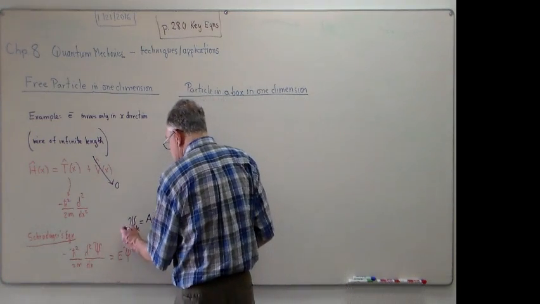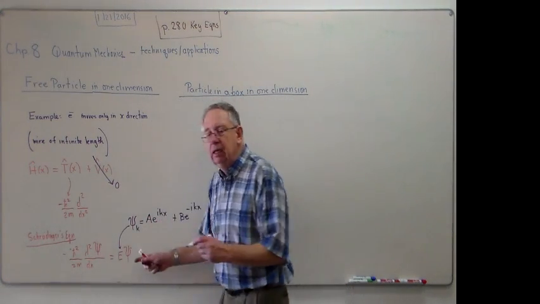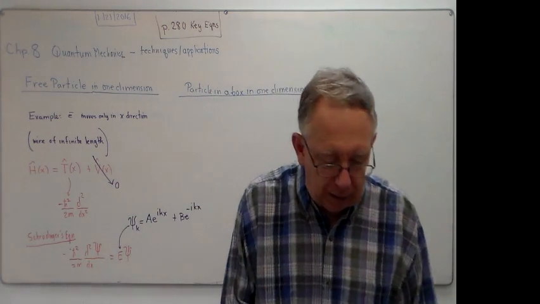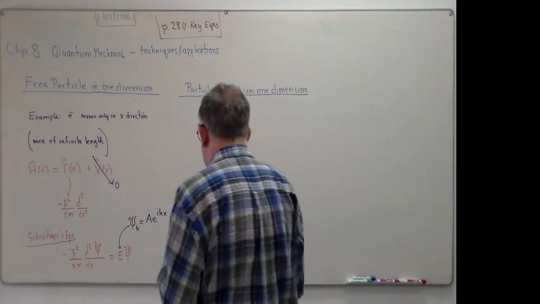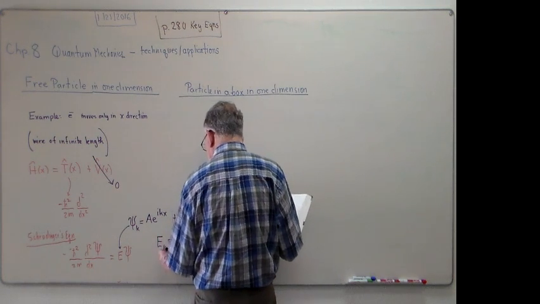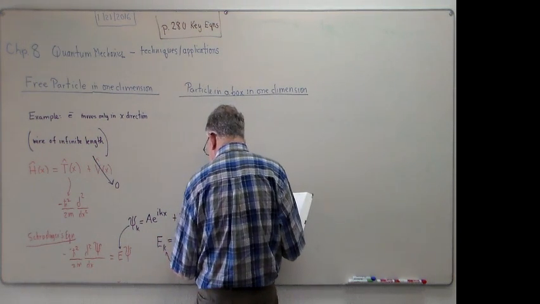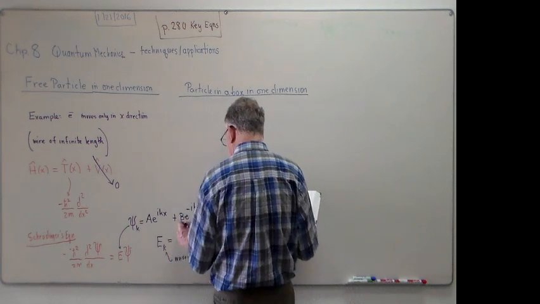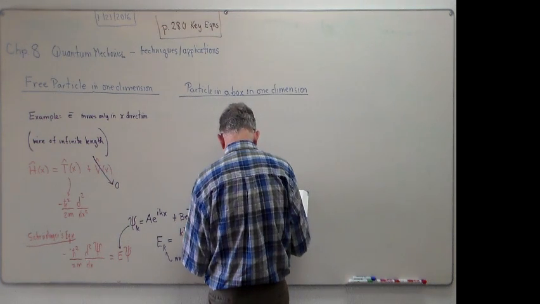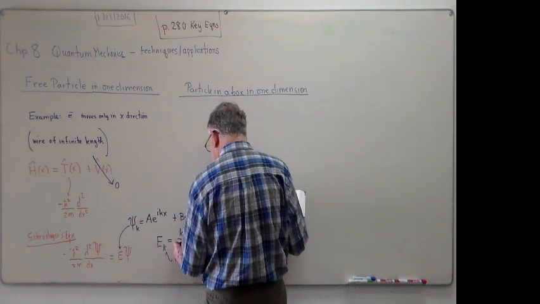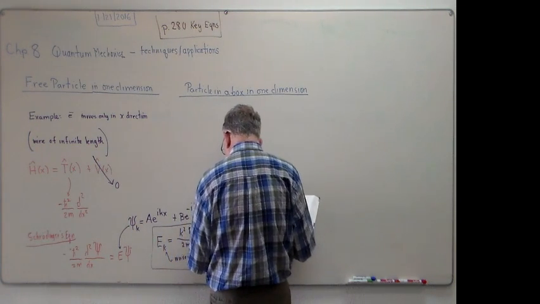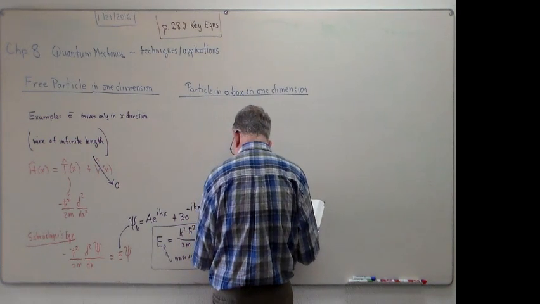And if you substitute in, and we've actually worked through this case, I just want to give the key results: the resultant energy is a function of this wave vector k, equals k squared h bar squared over 2m, and you can have any value of k.